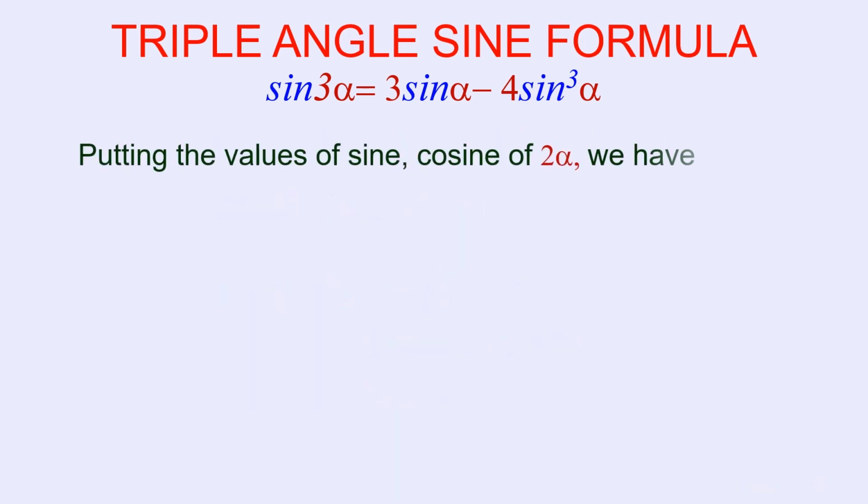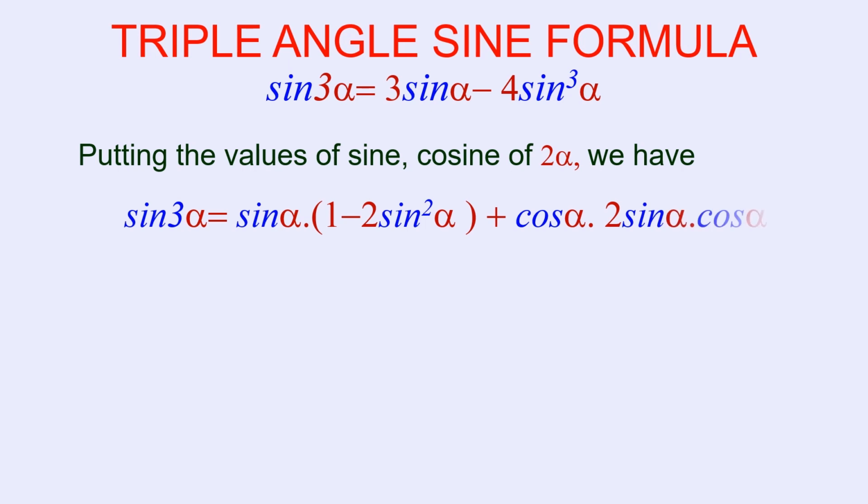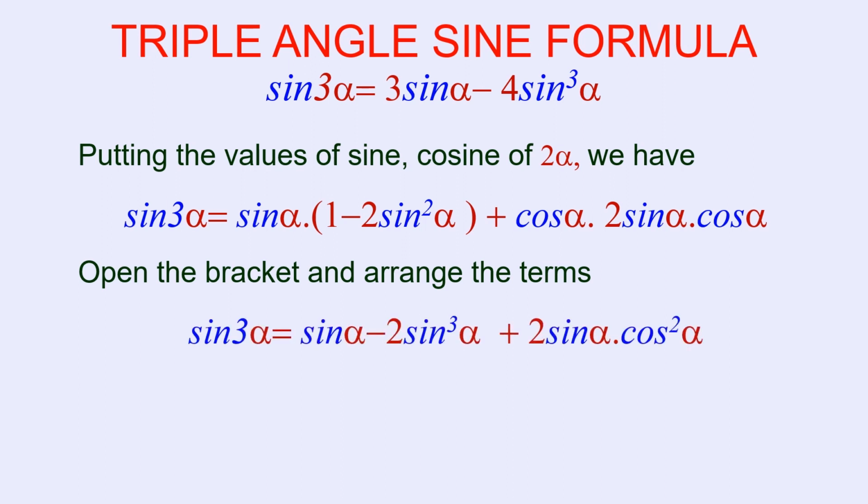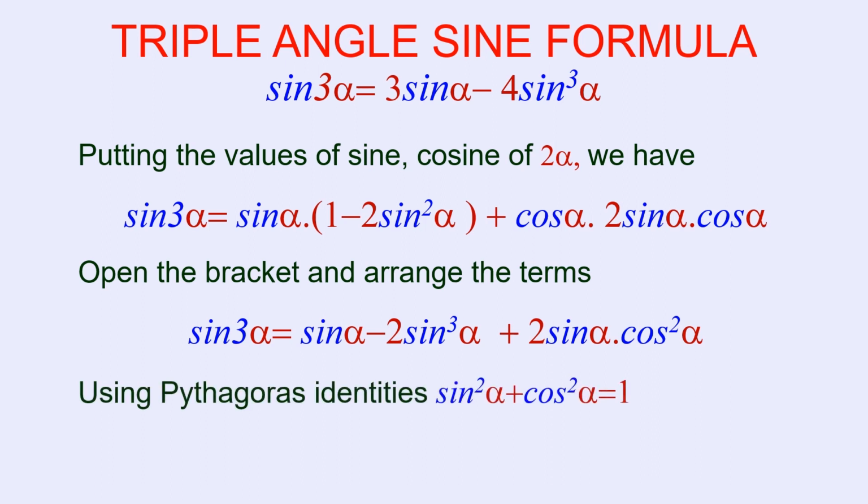Putting the values of sine and cosine of 2 alpha, and opening the bracket, after arranging the terms we get sine of 3 alpha equals sine of alpha minus 2 times sine cubed alpha plus 2 times sine of alpha into cosine squared alpha. To change the cosine term into sine terms, we use Pythagoras identities. The cosine squared alpha equals 1 minus the sine squared alpha.